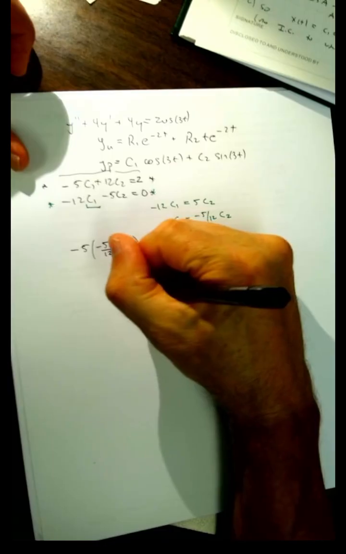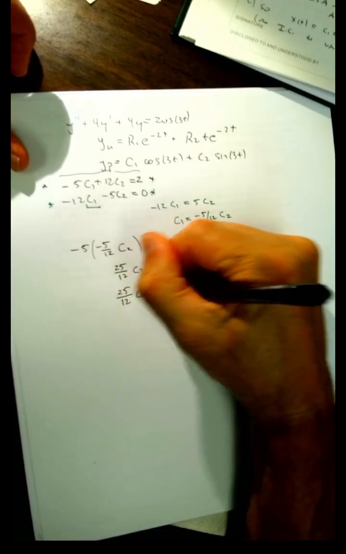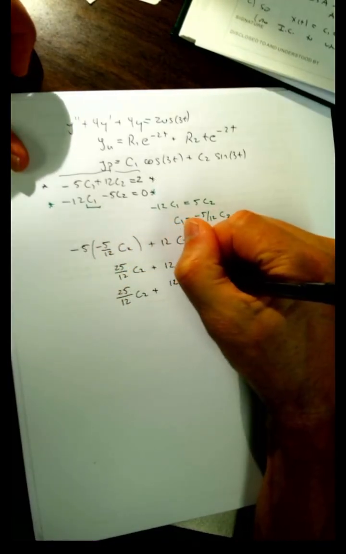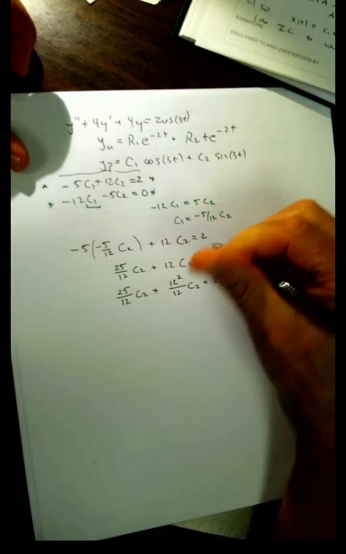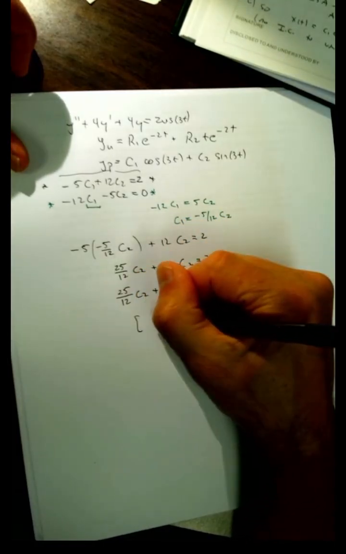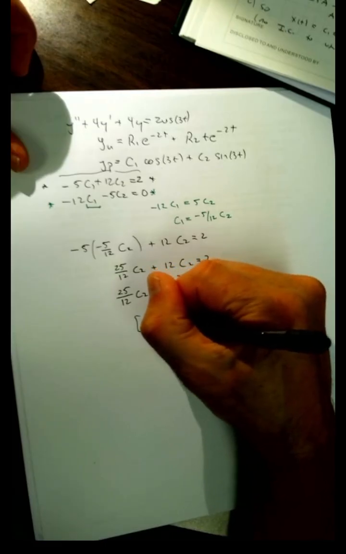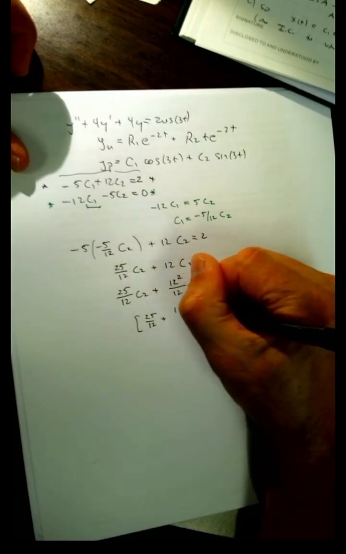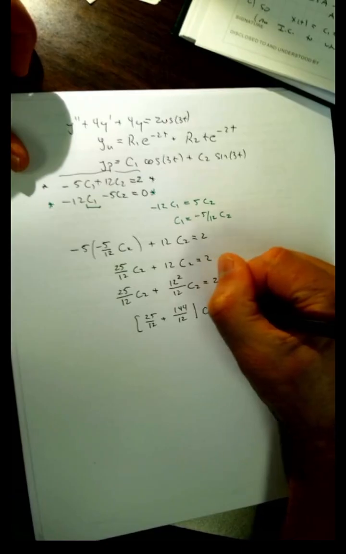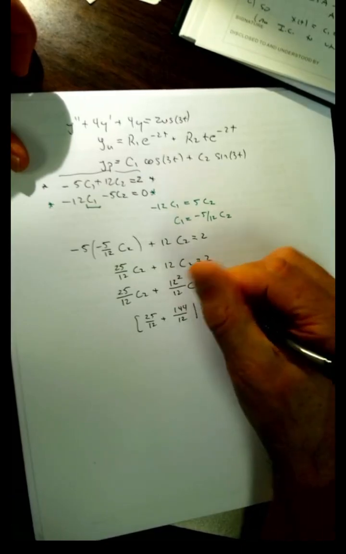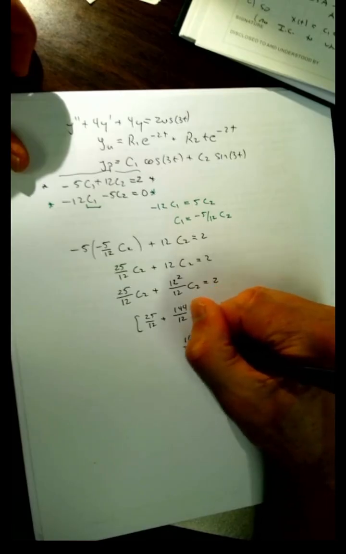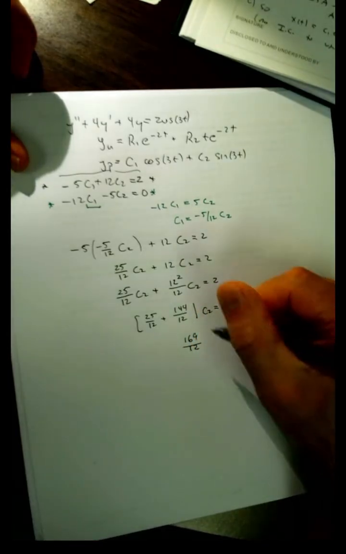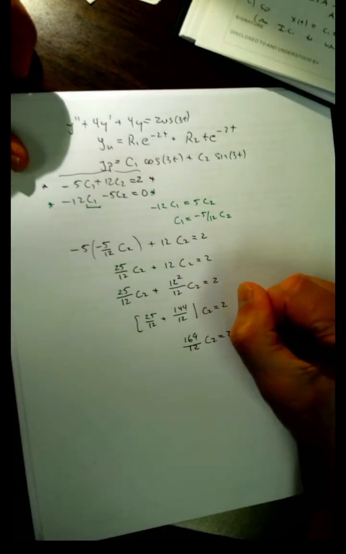So 12 is 144 over 12, so I'm going to have 25/12 plus 144/12 c2 is 2. So that's going to be 169 twelfths c2 is 2.